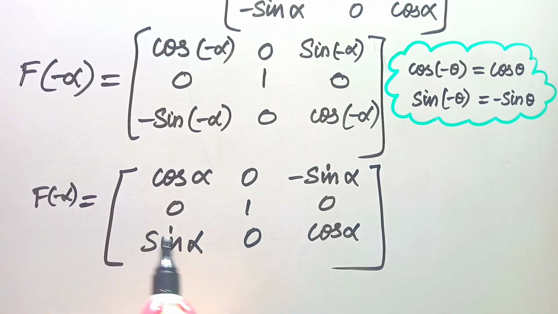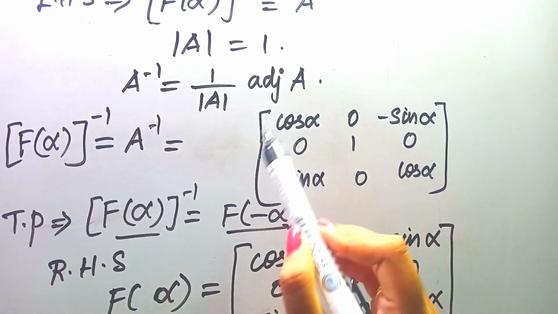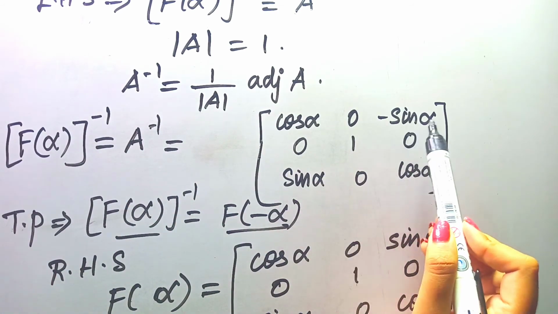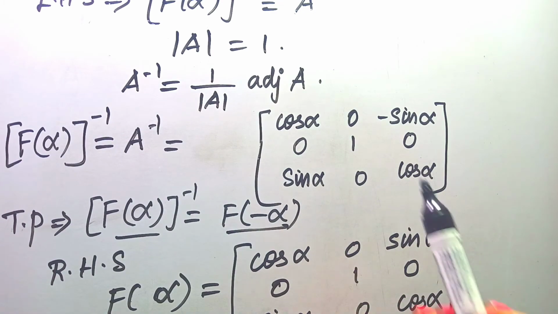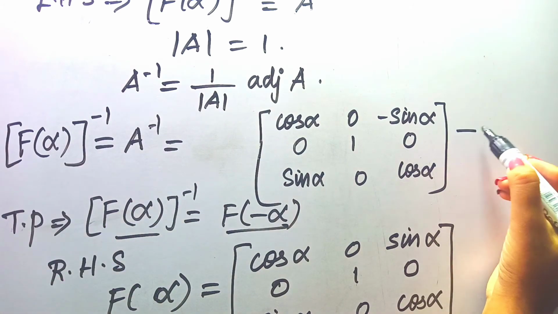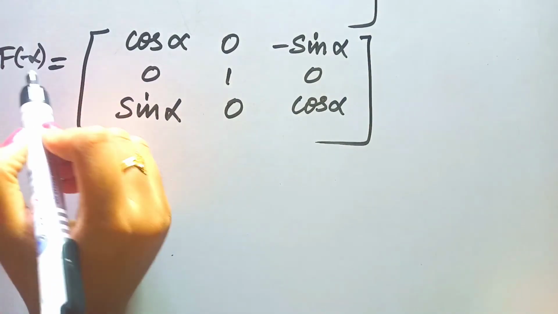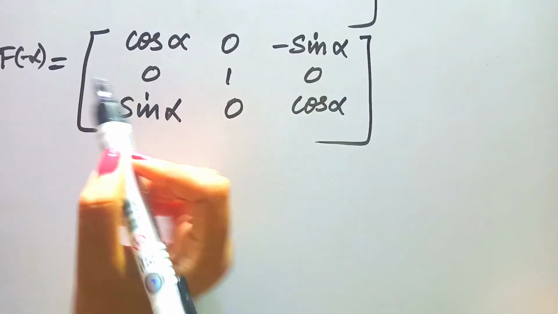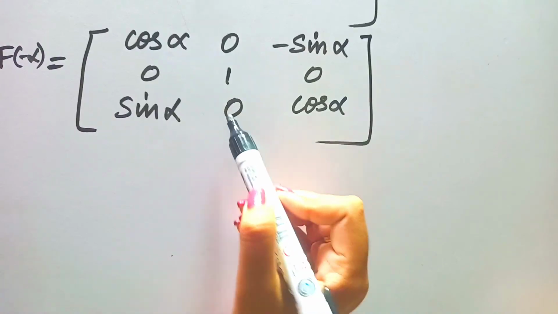Now we have to compare f of minus alpha and f of alpha the whole inverse. This is our f of alpha the whole inverse which we have found, which is cos alpha, 0, minus sin alpha, and 0, 1, 0, sin alpha, 0, cos alpha. Let's take this as equation 1. Then we have found f of minus alpha, which is cos alpha, 0, minus sin alpha, and 0, 1, 0, sin alpha, 0, cos alpha.